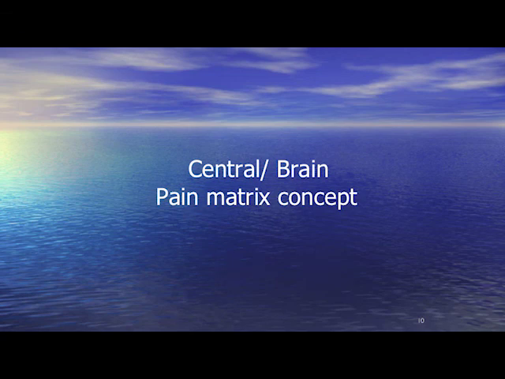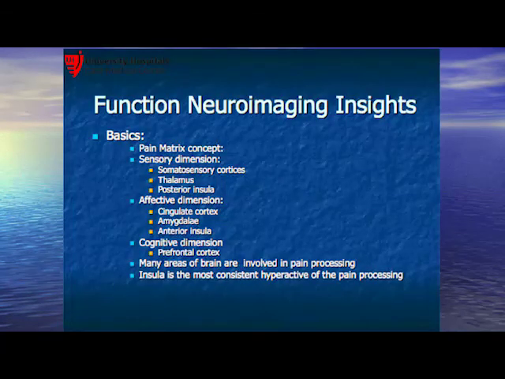To talk about pain, we're starting from top to bottom, or from the central portion to the periphery. When we talk about the central portion, we need to know about the brain pain matrix. When we started to get functional MRI, we got more information about where pain goes in the brain, and which centers of the brain are stimulated when a pain stimulus happens.